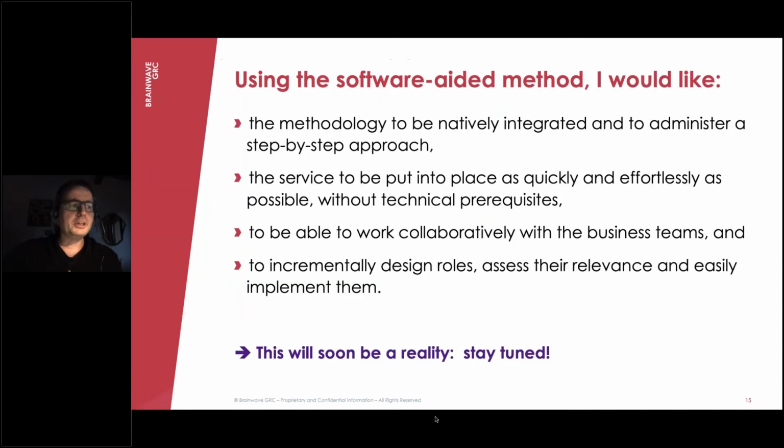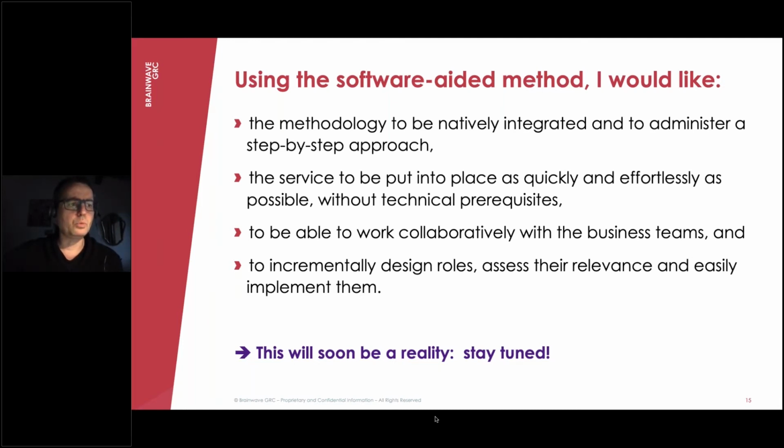If I try to summarize the main features that anyone would like out of such a software-aided method, I would summarize it in 4 bullet points. First, the methodology should be natively integrated within the tool.